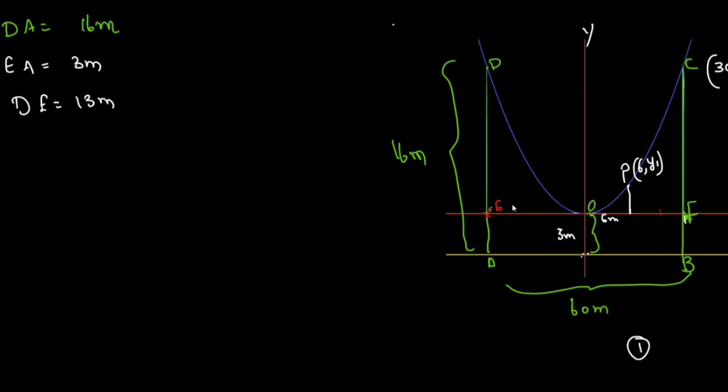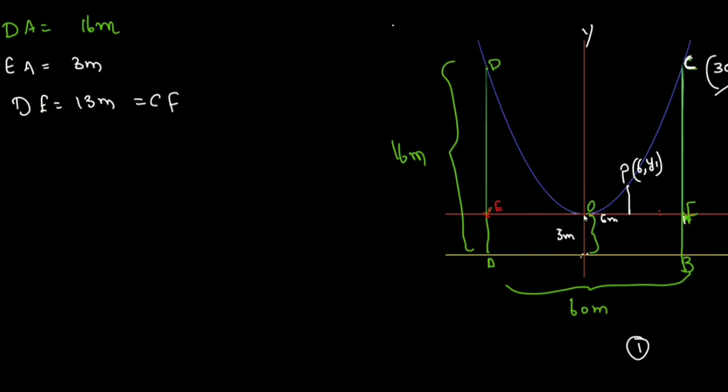If DE is 13, what will be CF? CF is also 13, because this full length is 16 and this is 3. Let us take a point C here. C has an x coordinate and a y coordinate.